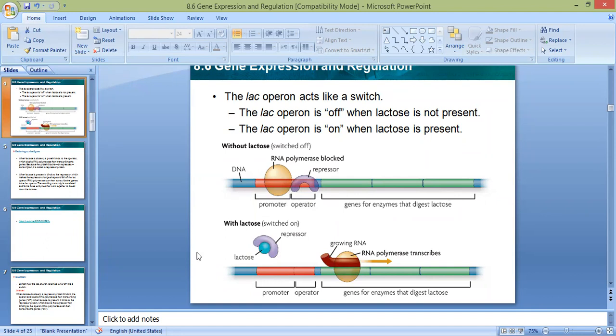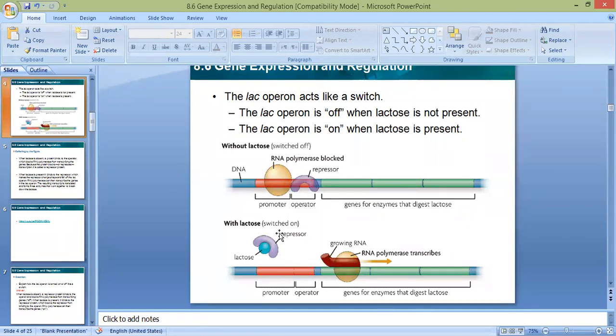But when the lactose is present in high amount، خلص احنا we need lactase, we need the enzyme to digest this lactose. فالريبريسر اللي موجود في السيتوبلازم يجي بمسك بالاوبريتور وببعد. اليوم ببعث لكم الفيديو اللي فرجتكم اياه امبارح، بروح وببعد.